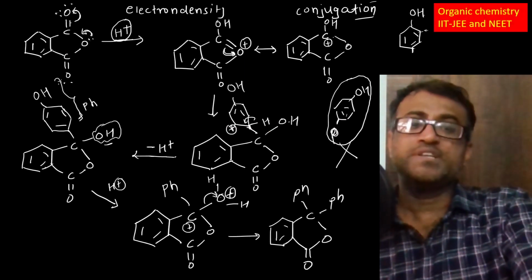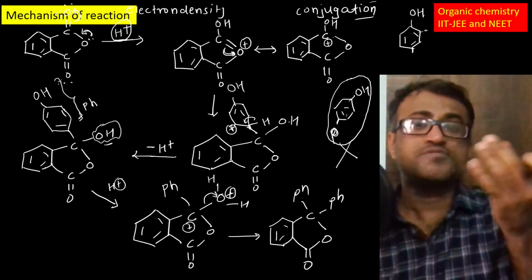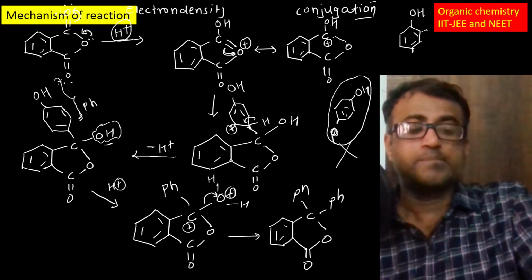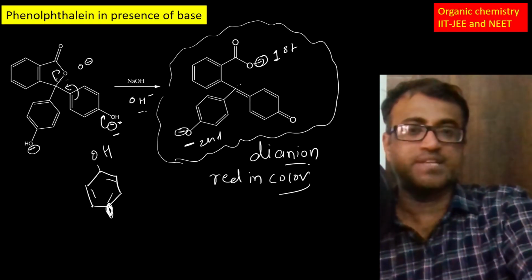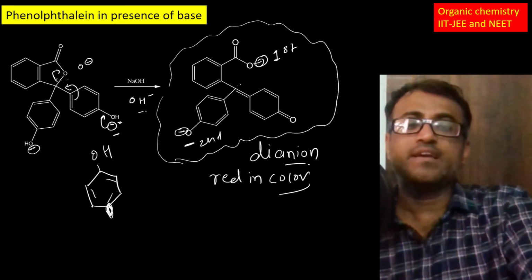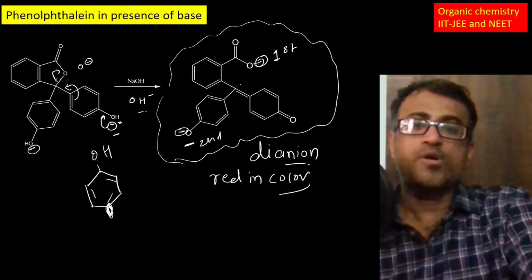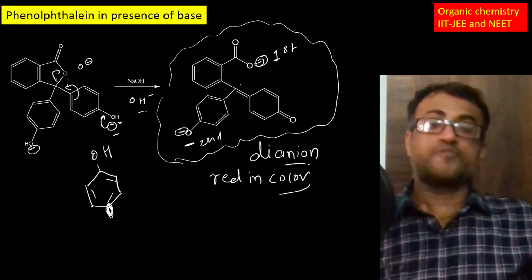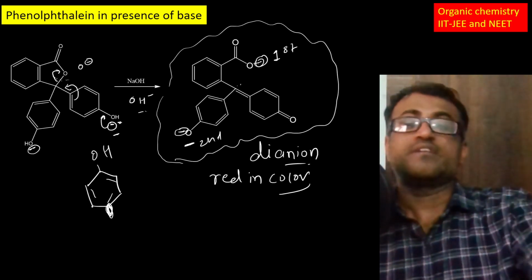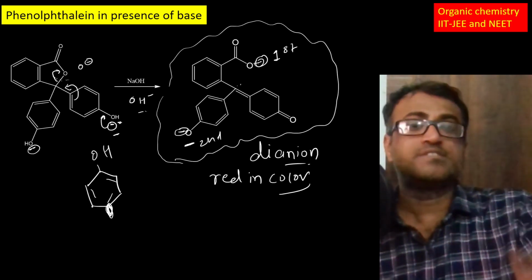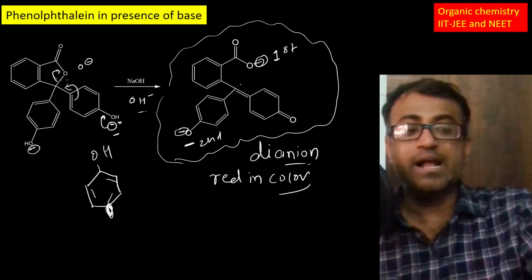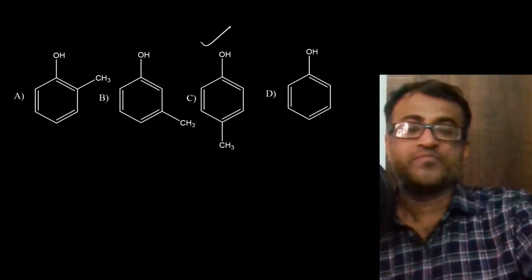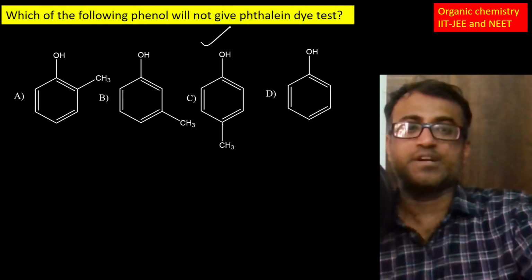After that we have seen how the coloration is formed in presence of base. This dianionic part is formed in presence of base, which is red in color, and this coloration is observed only if phenol is not substituted at para position. This was the question on that concept.